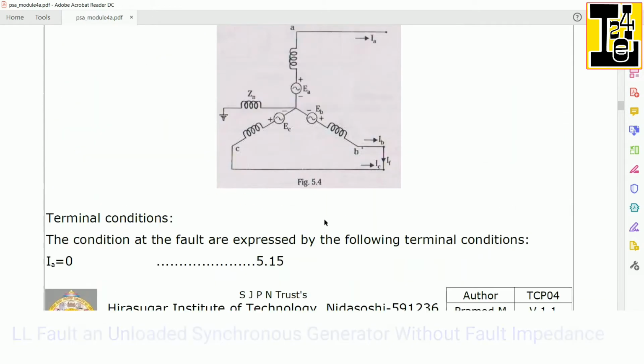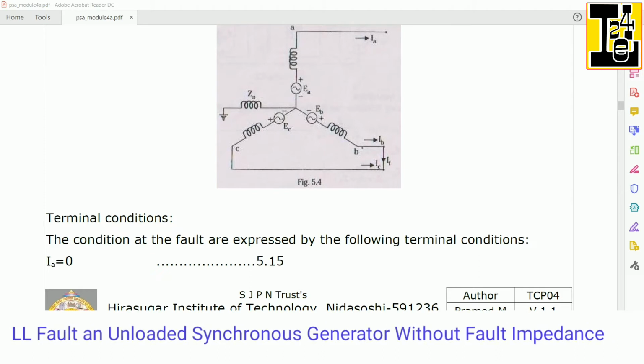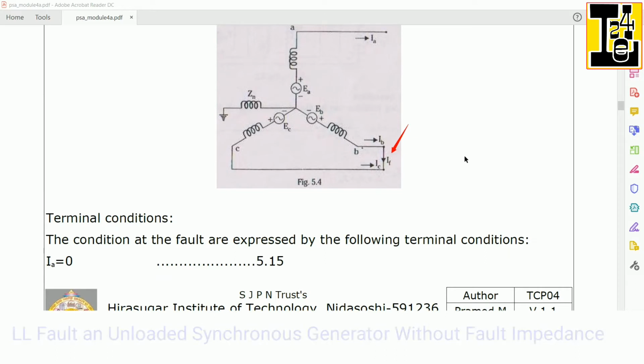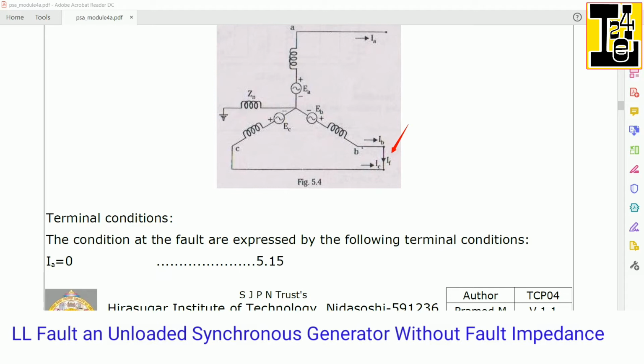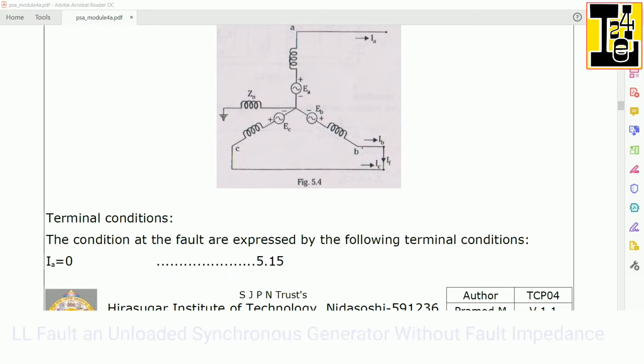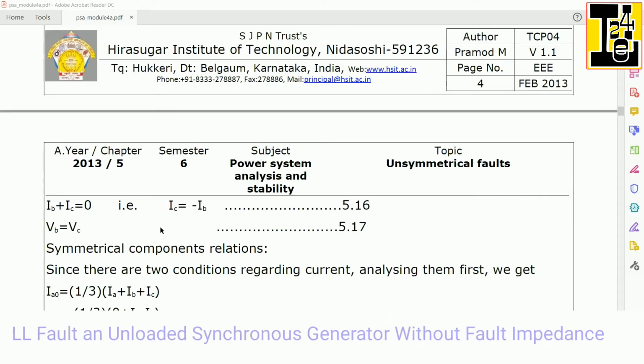By observing this figure, you can observe that IB and IC are flowing opposite to each other, and hence IC is equal to minus IB.